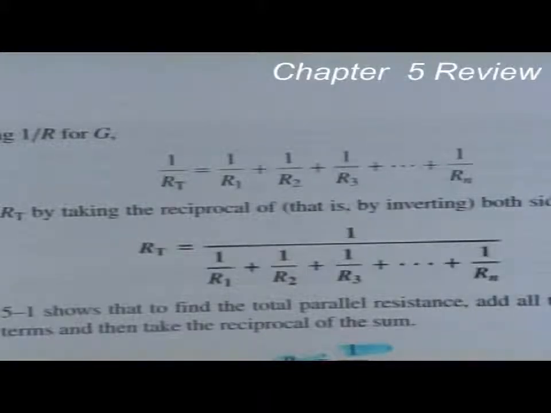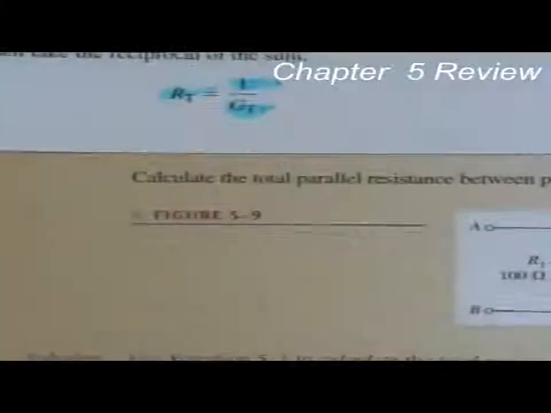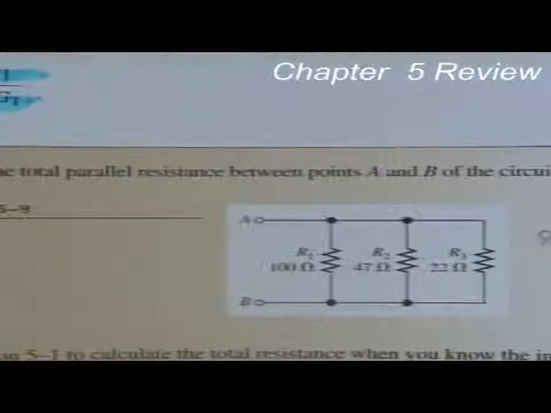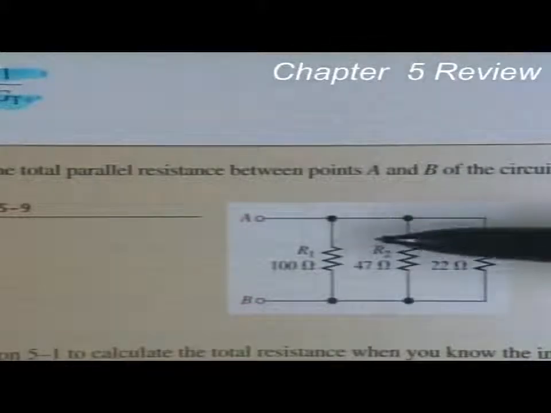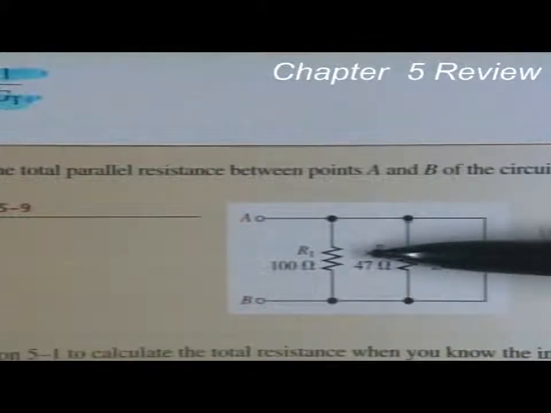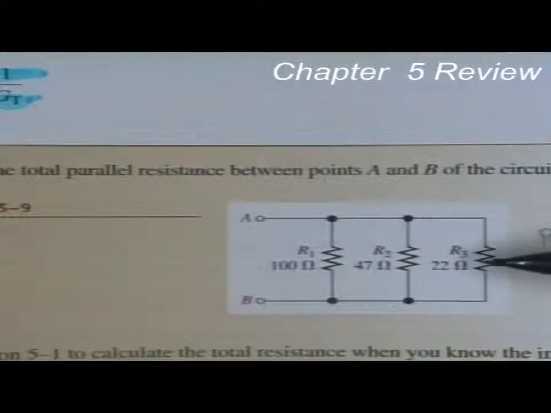Now, what we're going to do, we're going to go down and we're going to calculate the resistance in this circuit. Now, notice that in this circuit, I have a 100 ohm resistor, I have a 47 ohm resistor, and I have a 22 ohm resistor. Approximately, how much resistance will that total circuit be? Approximately, how much will RT be?